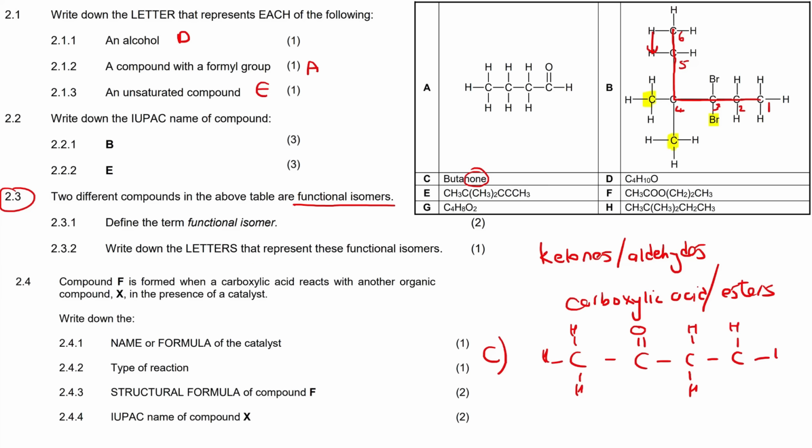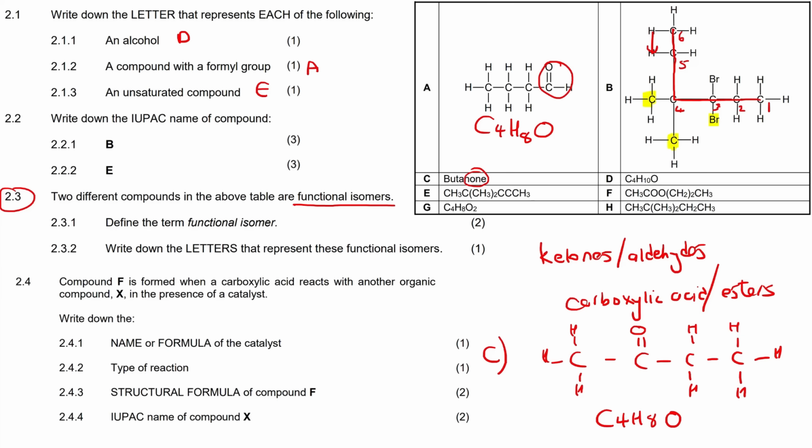And if you had to now count all of the carbons, you would get 4. All of the hydrogens, you would get 3, 5, 8, and then 1 oxygen. If you had to now look over here, there's 4 carbons, 3, 6, 8 hydrogens, and 1 oxygen. So it's exactly the same molecular formula, but different functions. This one is an aldehyde, whereas this one is a ketone. So we call those functional isomers.